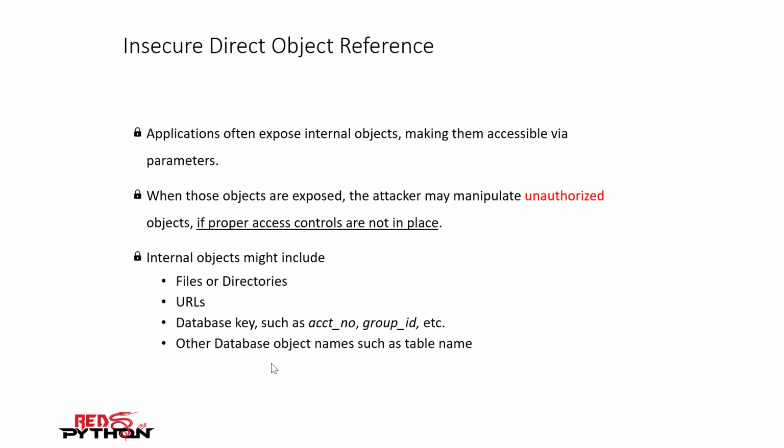Another vulnerability is insecure direct object referencing. Many applications expose internal objects and make them accessible through parameters. Internal objects might be files, directories, URLs, etc. If they are not well protected, an attacker might find a way to bypass the controls and expose the data on your servers.